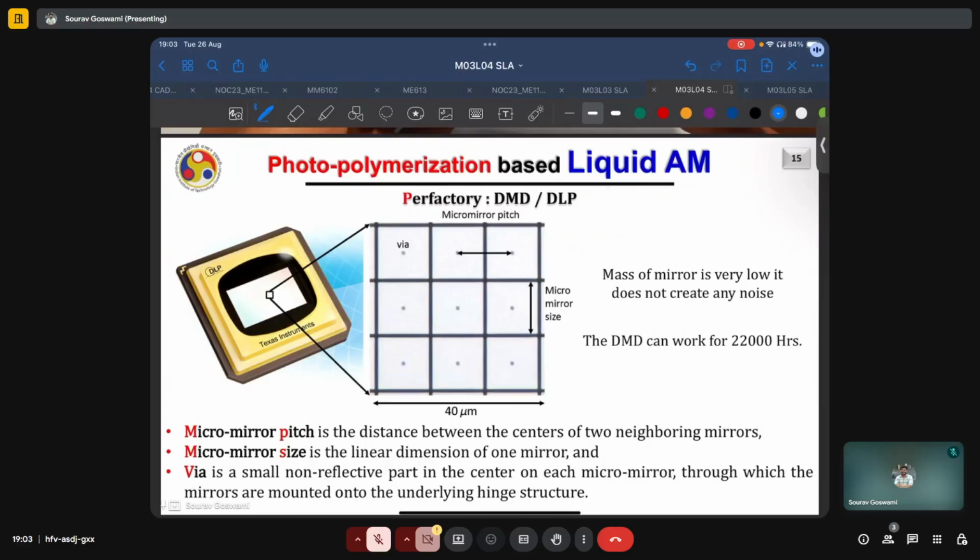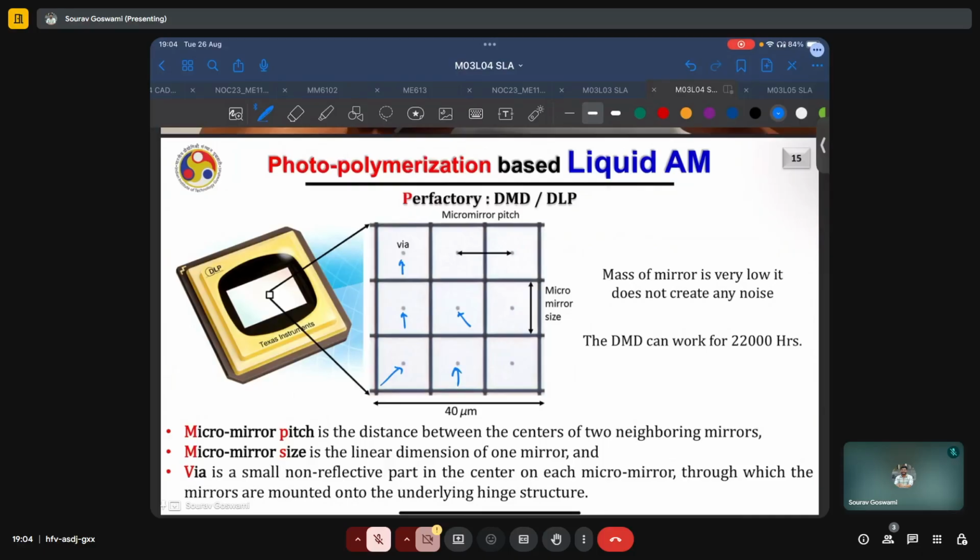We have the micromirror size, which is the linear dimension of a mirror, and we have the via, which is this small circular region in the approximate center of each mirror. It is a small non-reflective part through which the mirrors are mounted onto the underlying hinge structures.